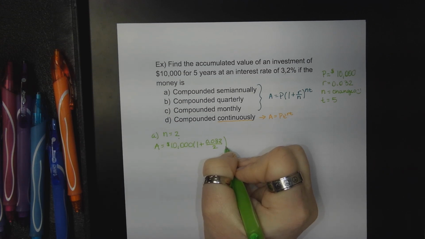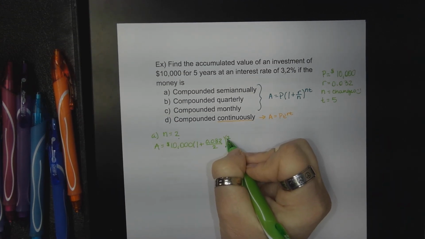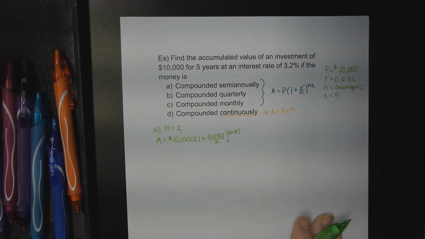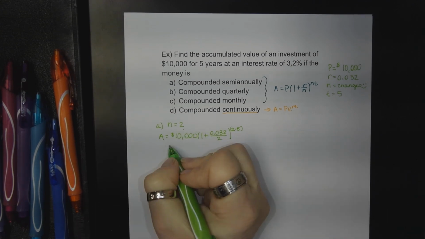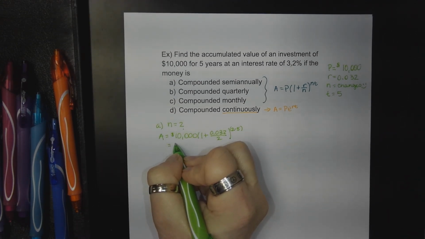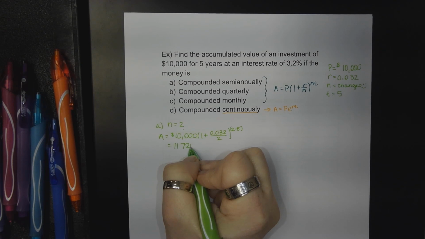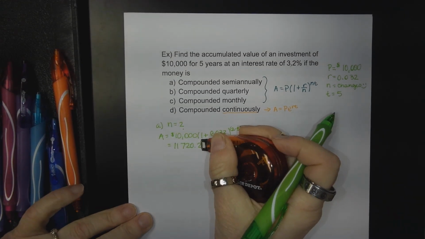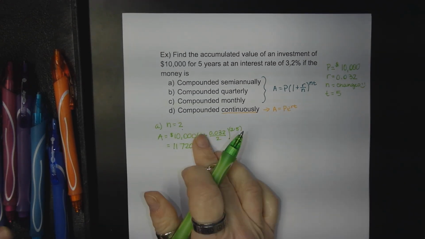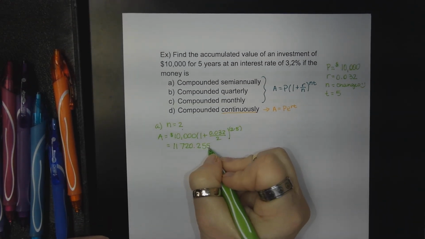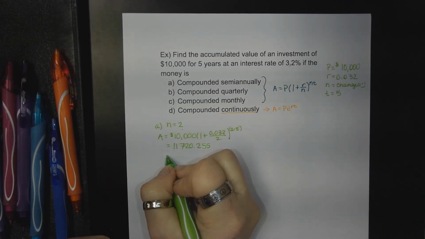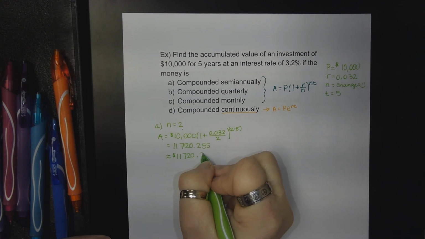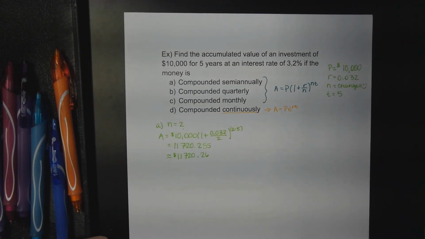That's going to be raised to our N times T, which is 2 times 5. Or you could write 10 there if you prefer, but I'm not simplifying, so I'm going to write 2 times 5. Well, that is going to equal $11,720.255. Now this is dollars that we're dealing with, so let's do approximately $11,720.26. Okay?